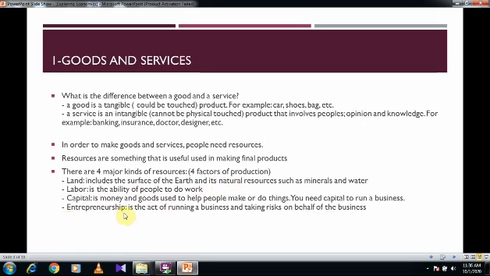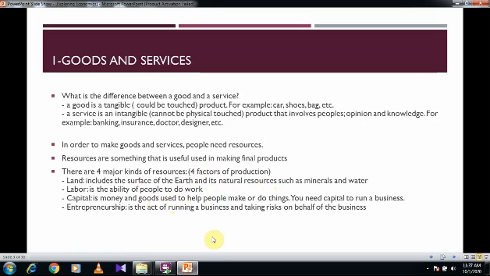Finally, entrepreneurship. This is a skill. It's the act of running a business and taking risks on behalf of the business. You can have enough money to buy the place, to buy the machinery, to afford the resources and to pay the people, but you might not have the skill of running the business.